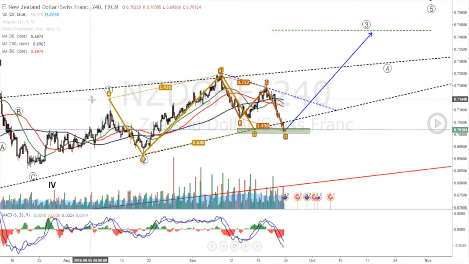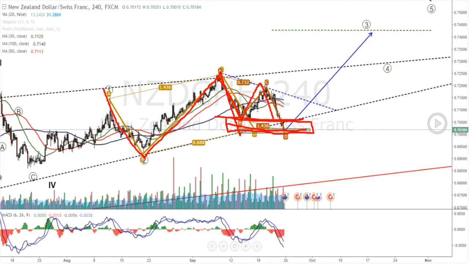Well, here I was looking at 2 possible patterns. One was this ABC, and then it was this ABC. Anyway, I had a level that I was thinking it would hold there. I had my entry line there.